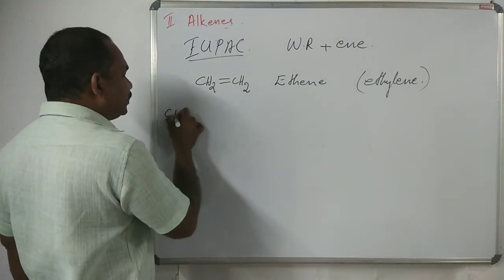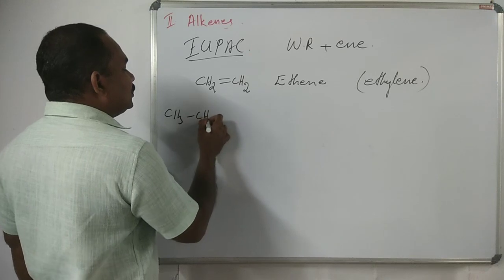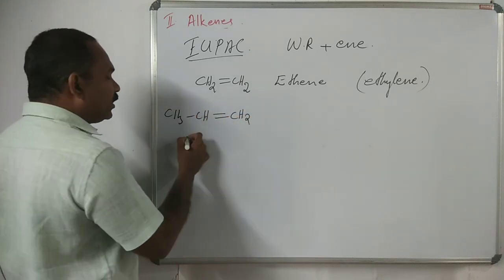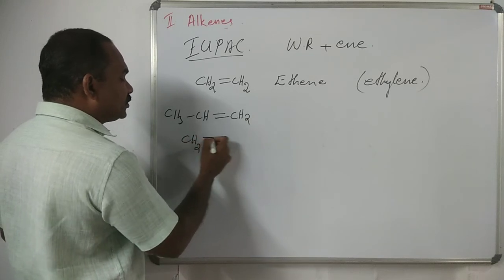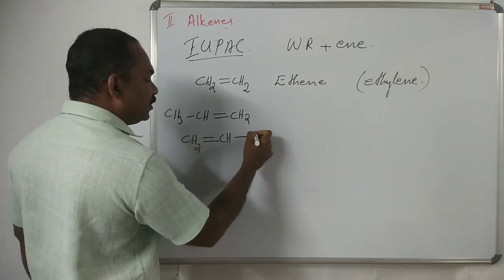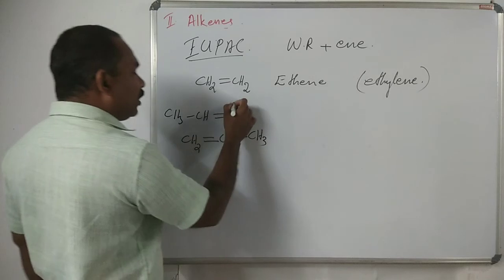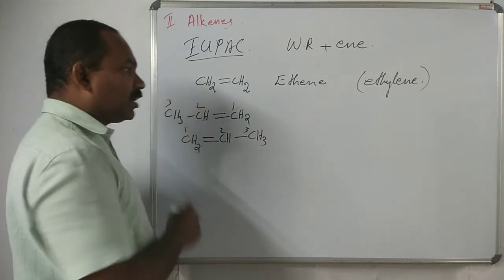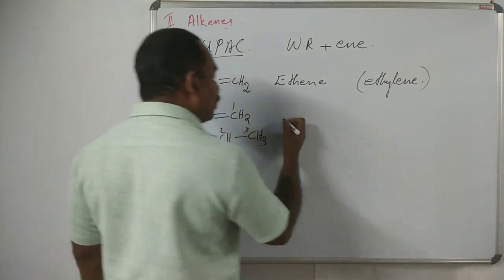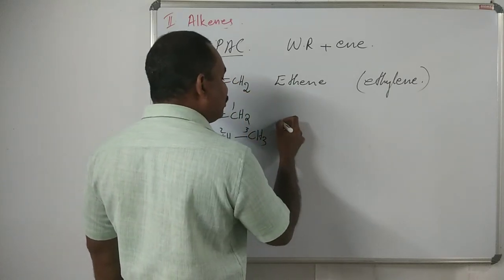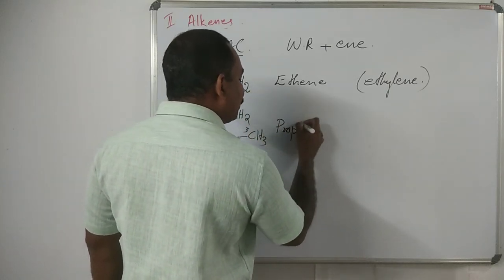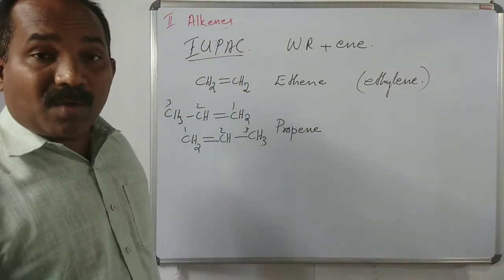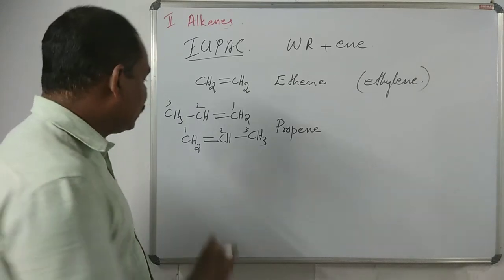The next member is CH3-CH=CH2. Numbering from either side, 1, 2, 3, both are the same, and there is no need to mention the double bond. It is propene, and the common name is propylene.